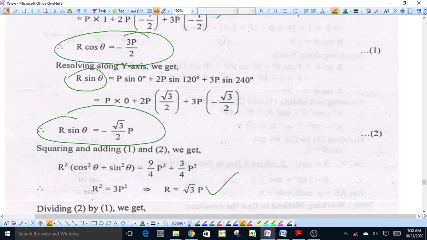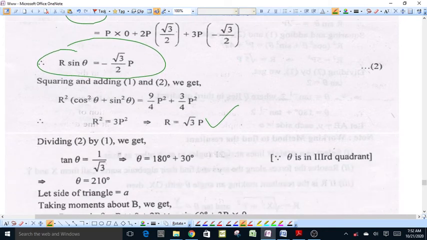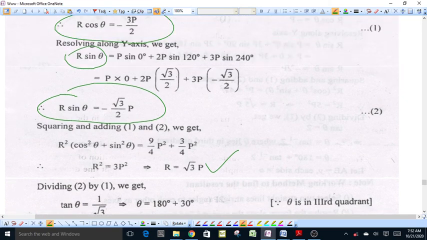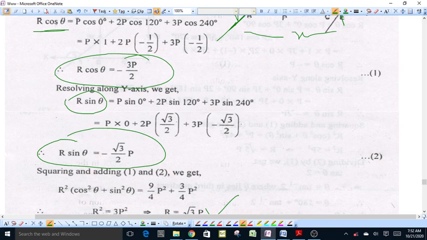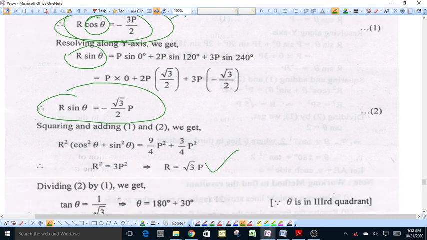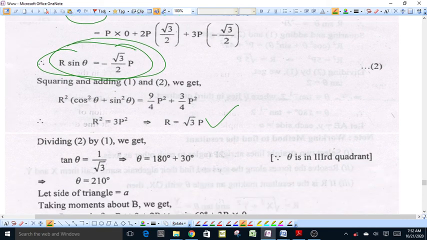Now if we divide equation 2 by equation 1, we get tan theta equal to 1 by root 3. In the first equation R cos theta comes out to be negative, this means cos theta is negative, and in the second equation R sin theta is also negative, but tan theta comes out to be positive.